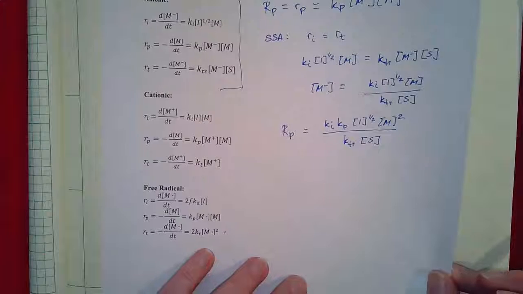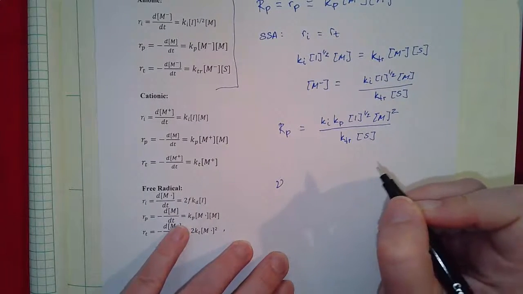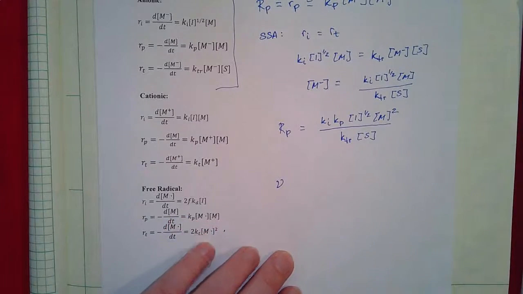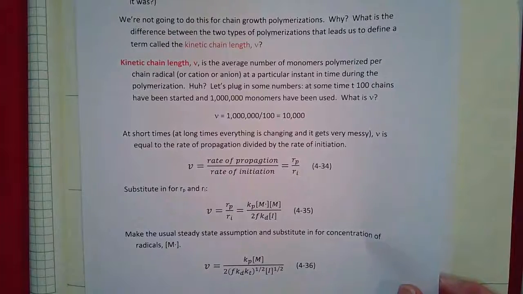So then what is the kinetic chain length? We just learned what the kinetic chain length was. Kinetic chain length is RP over RI.